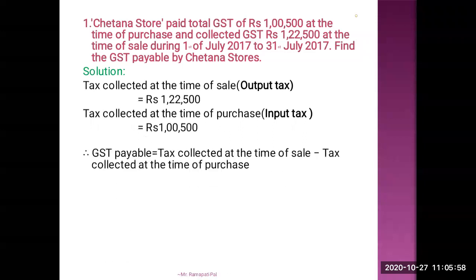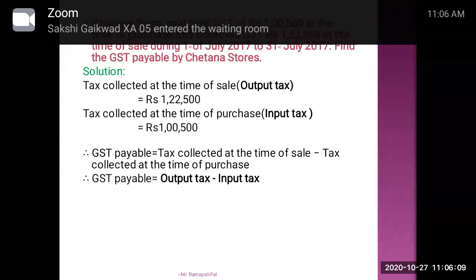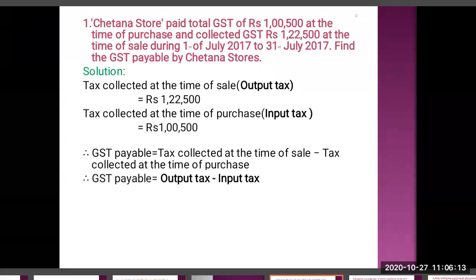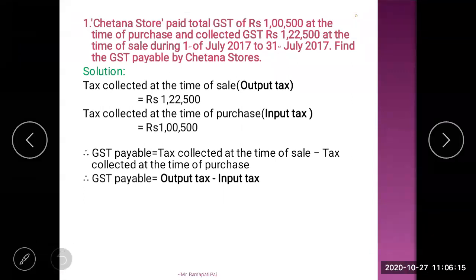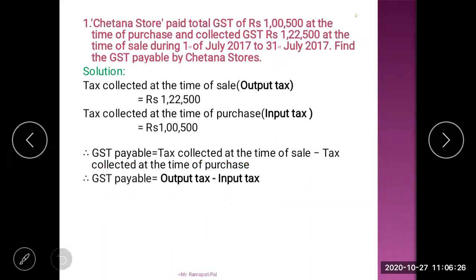Then the formula: GST payable is equal to tax collected at time of sale minus tax collected at time of purchase. Then we will write the formula, GST payable is equal to output tax minus input tax. That is very important. This formula you have to write compulsorily. Okay.